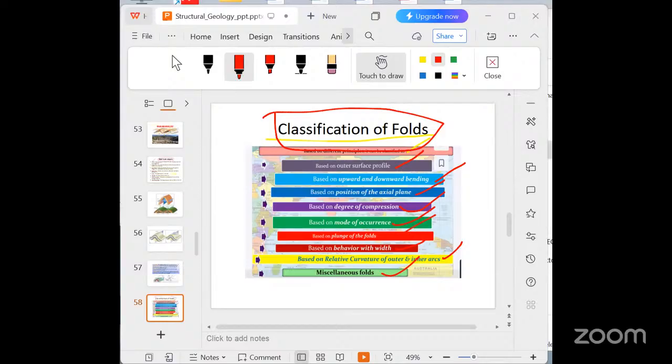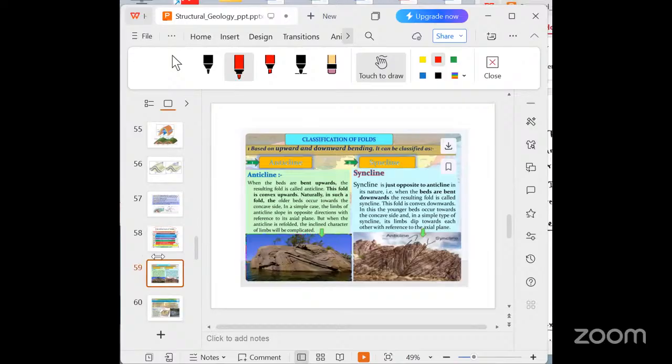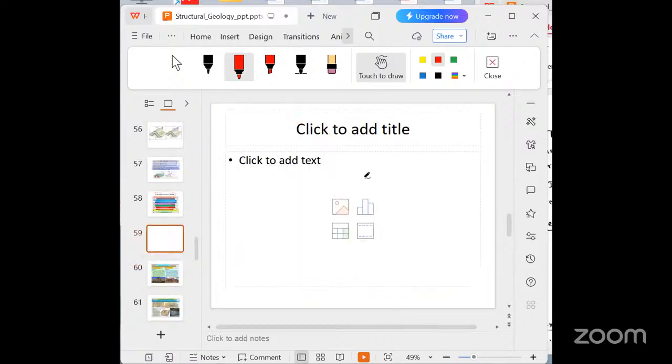Now this is an important topic; they ask this in your examination. So what is a fold? The bending of the rock strata due to compressional forces acting tangentially or horizontally towards a common plane from opposite directions is called folding.